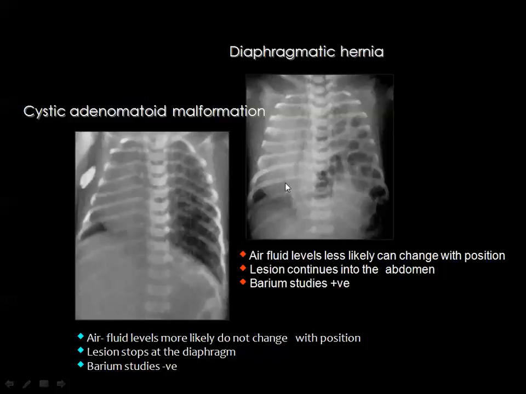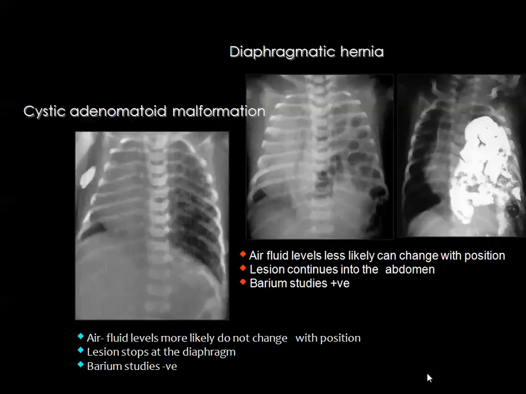Then how can you differentiate between both? One of the differentiating points is to see that air in the lung is continuous with air in the abdomen. In cases of adenomatoid malformation, air loculi in the lung will stop at the level of the diaphragm. The second way to differentiate is to give the patient barium, either for the upper GI or for the lower GI.